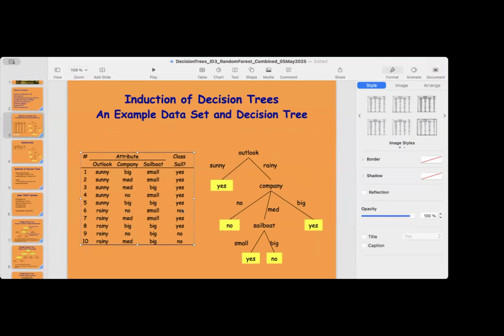Looking at the class, some of them have a yes, some of them have a no. So, if that's the situation, we need to split this subset, 6 through 10, into two parts. Some of them have the no property, and some of them have the yes property for the class. So we need to choose either the company or the sailboat attribute to make the split.